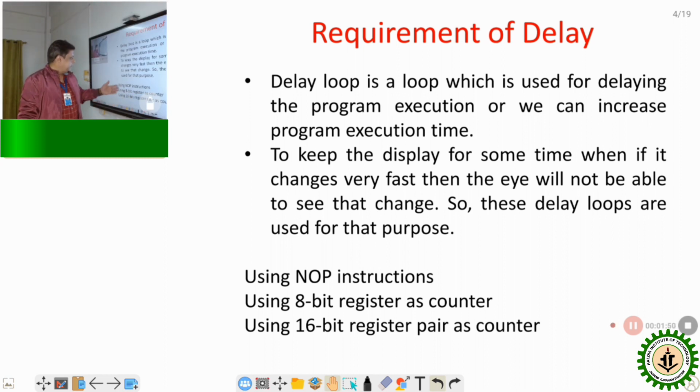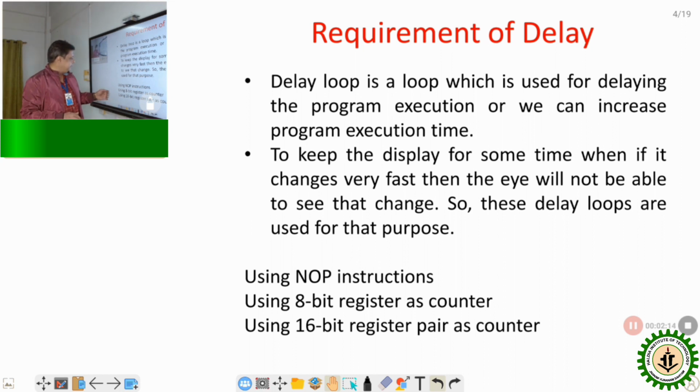Now there are a few methods of generating a delay. The first one is using the NOP instruction, that is, no operation. This no operation instruction is a single byte instruction. It is not sufficient for generating a delay of the order which I am trying to explain.